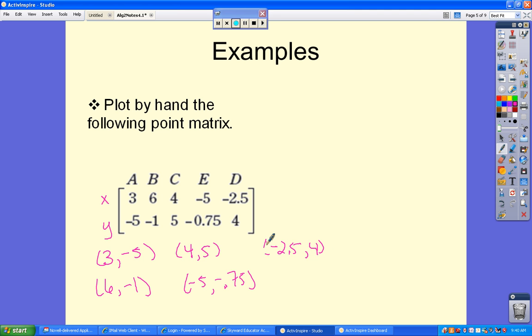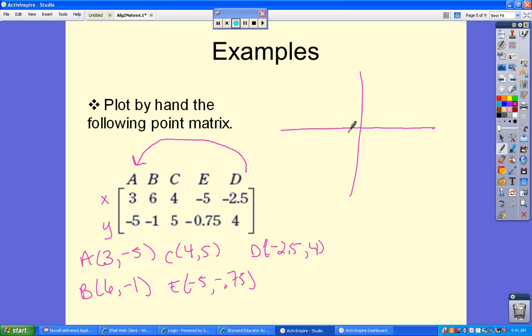A lot of my students like to write their ordered pairs this way. This is a very easy way to organize it. We usually will say, if it's written this way, that it will be a polygon. We're going to go ahead and connect this last point to the first point to make it a polygon.